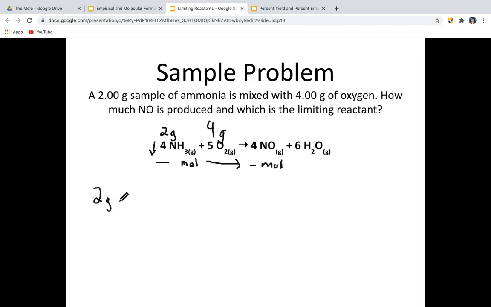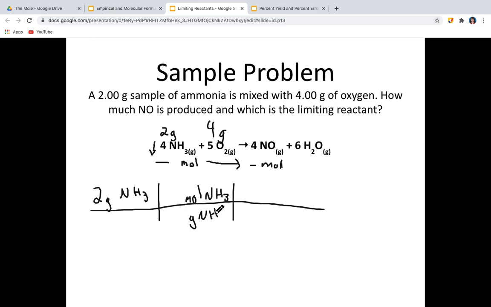So I'm going to start with 2 grams of ammonia, like it says, and we're going to go from grams of ammonia to moles of ammonia. Carry those grams on the bottom so they get canceled out.